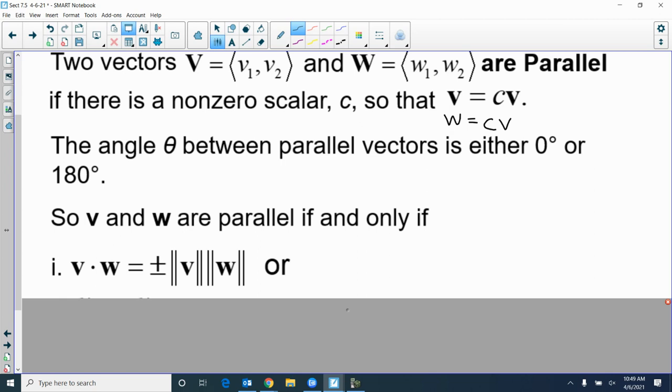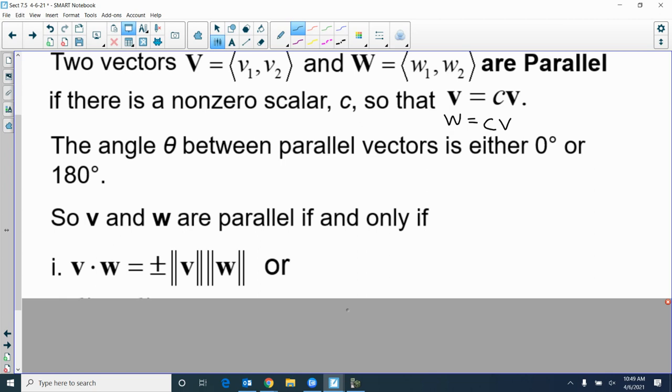Now I want you to think about that. The angle is going to be 0 or 180 degrees. The cosine of 0 is 1, and the cosine of 180 is -1. Just remember your unit circle.